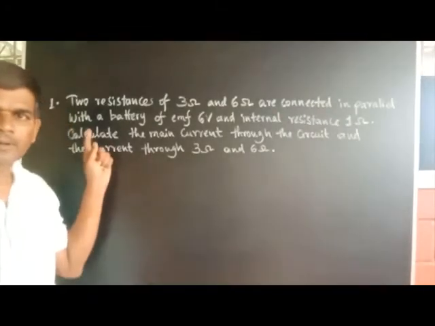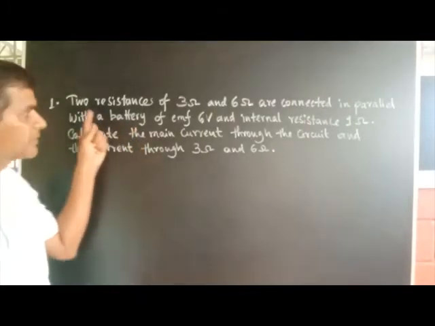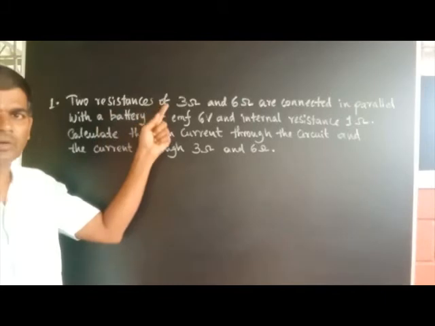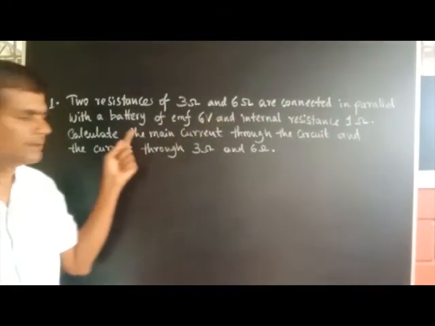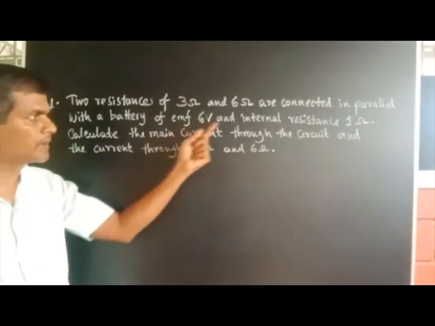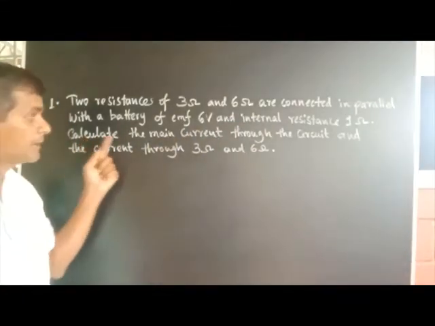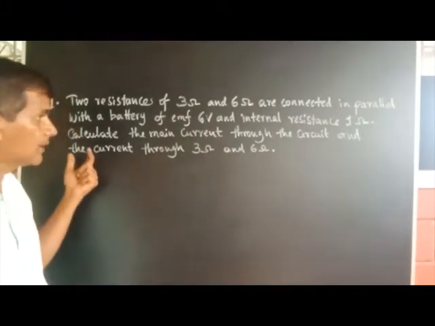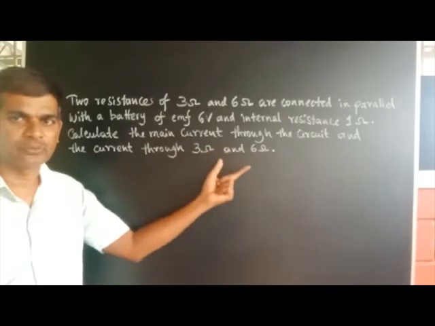See, this is a problem based on resistances in parallel. The problem is: two resistances of 3 ohm and 6 ohm are connected in parallel with a battery of EMF 6 volt and internal resistance 1 ohm. Calculate the main current and the current through the 3 ohm and 6 ohm resistances.